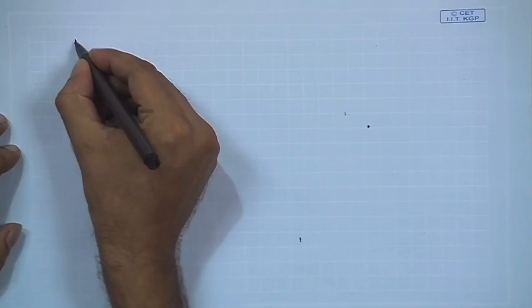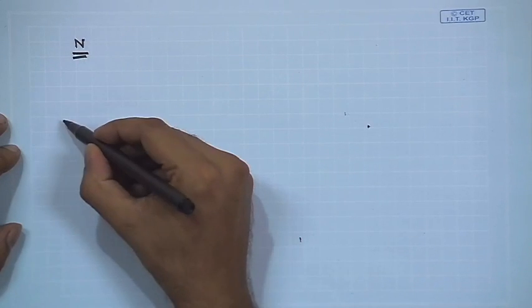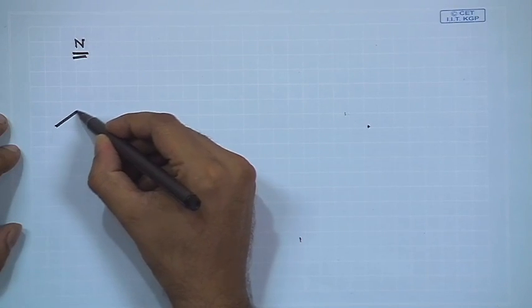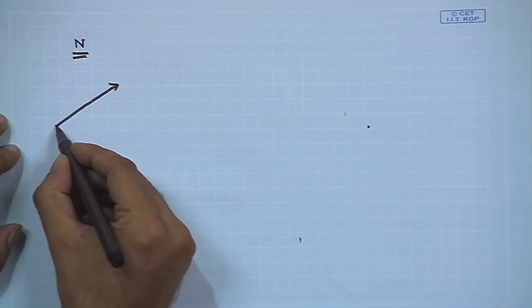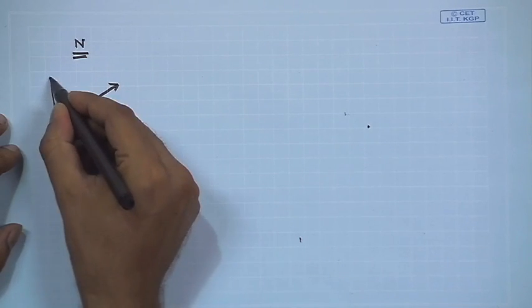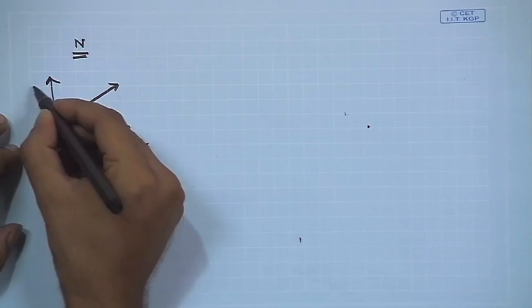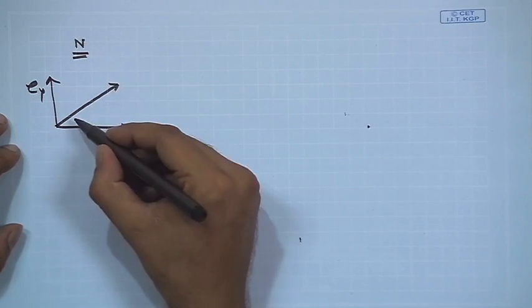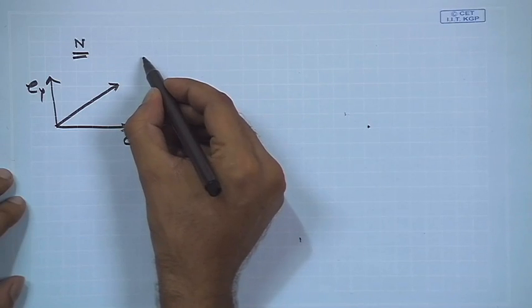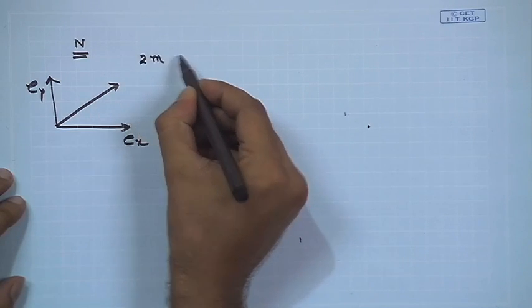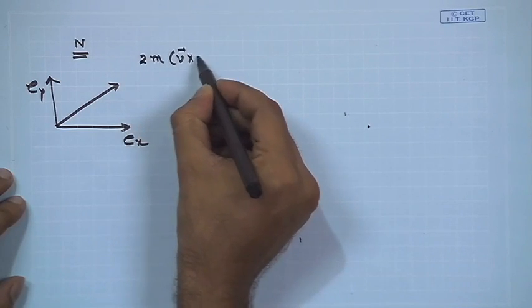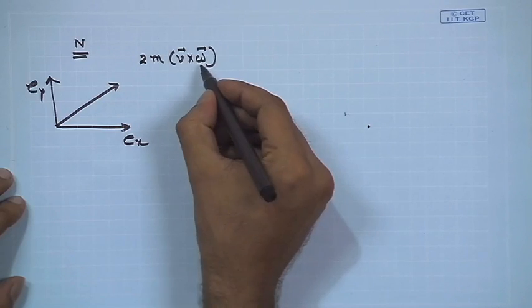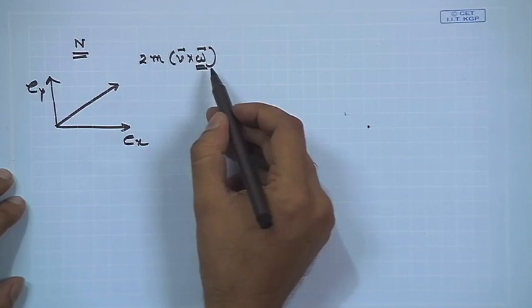Now, we have seen that this particular force in the northern hemisphere, if an object is moving in a horizontal plane, that is the Ex Ey coordinate system, has the form 2m v cross omega, omega being the velocity of Earth's rotation.